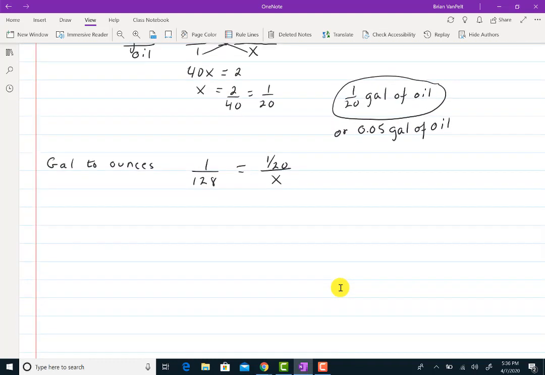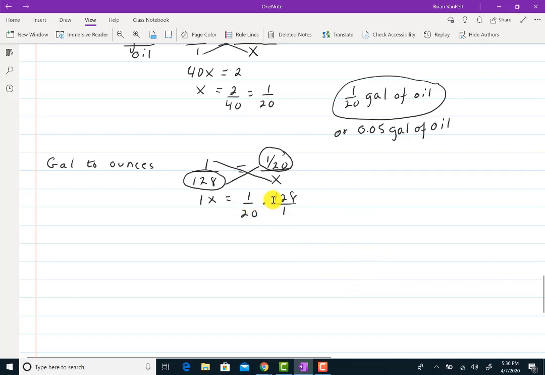So let's go ahead and do my cross multiplying. 1x equals 1/20th times the 128. You might find it better to write the 128 over 1, and so then I can do some dividing. I noticed a 4 goes into both 20 and 128. 4 goes into 128 32 times, and 4 goes into 20 5 times.